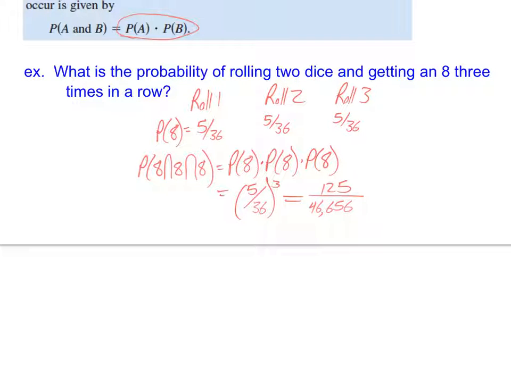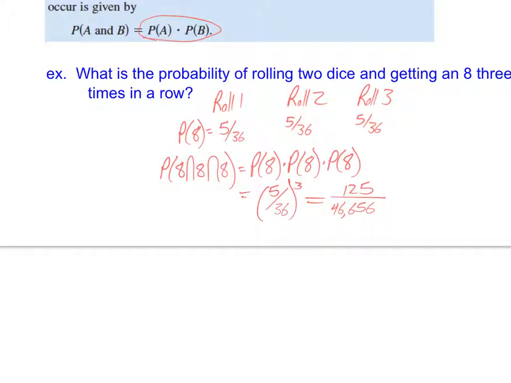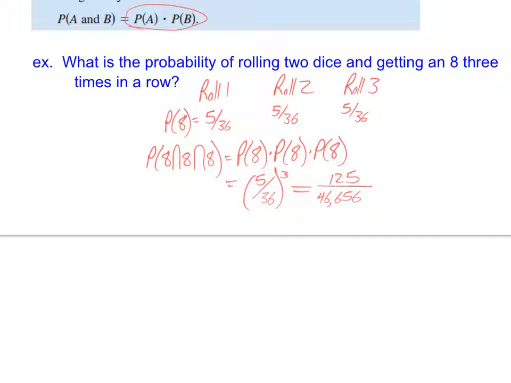Now guys, we could use this as well for finding the probability of, say, rolling an 8 and then rolling a 4. Let's not do 6, because 6 and 8 are the same. So, the probability of 8 times the probability of 4: 5 over 36 times 3 over 36, since 4 is 3 over 36.